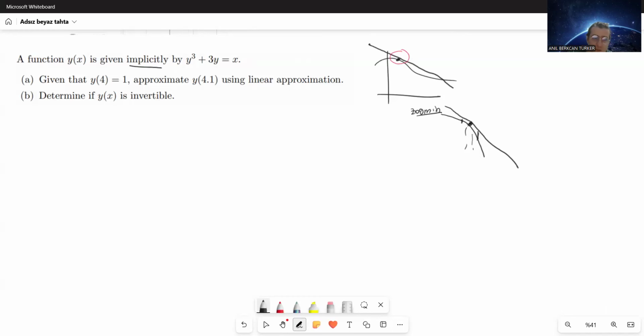So what is the formula, by the way? We are approximating around x equals x0. Let me recall this tangent line equation.